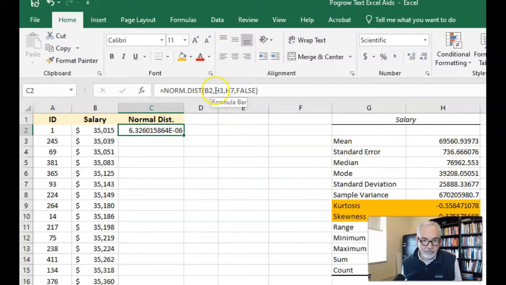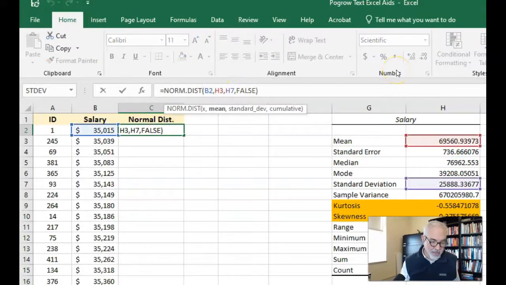So we need to make sure that we fix these two numbers, and we do that by adding a dollar sign in front of the H and a dollar sign in front of the 3. That means stick to the H column and the third row. We also need to do the same thing for the H and the 7 here.